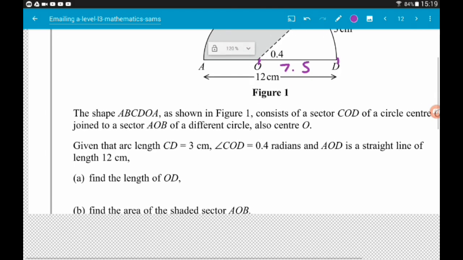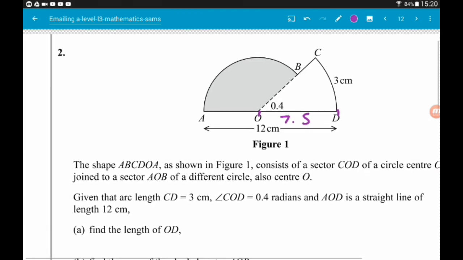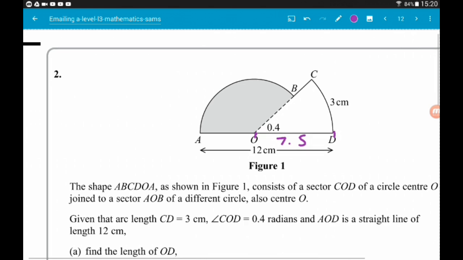So this length here, OD, is 7.5. Now part B wants us to find the area of the shaded sector AOB. The first thing we're going to need here is the radius.